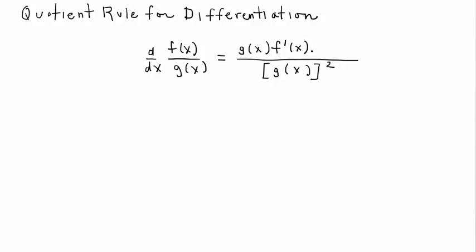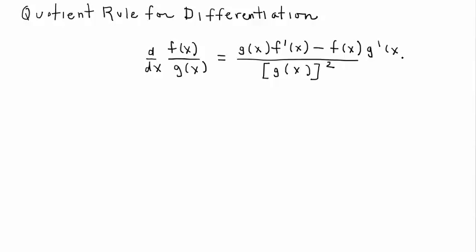Remember how in the product rule we added? Well, in the quotient rule we have to subtract. So it's denominator times the derivative of the numerator minus the numerator left alone times g prime, the derivative of the denominator.